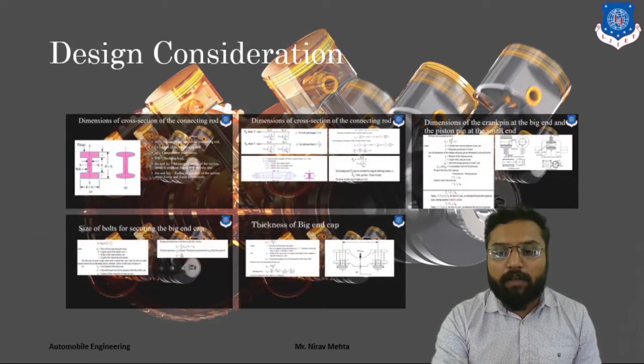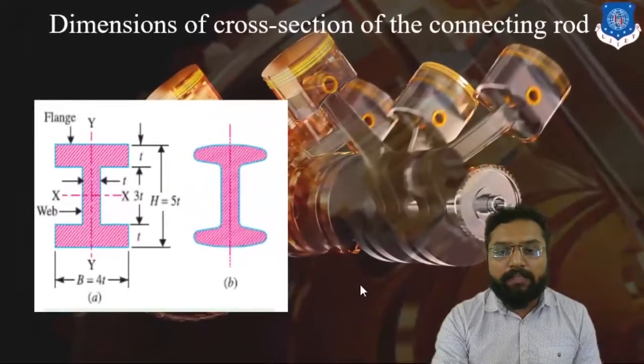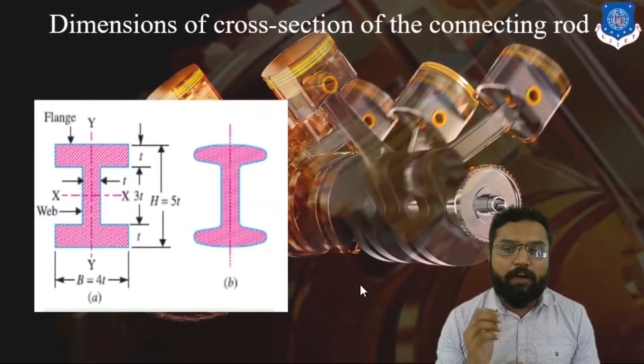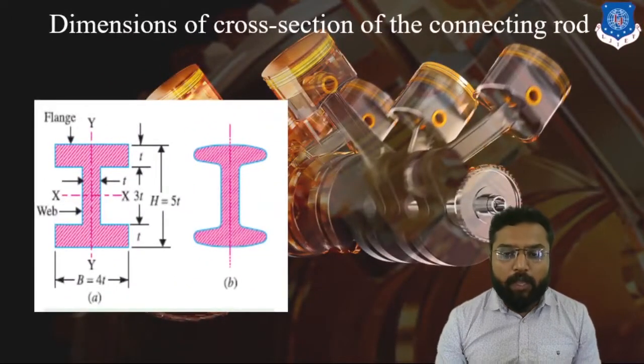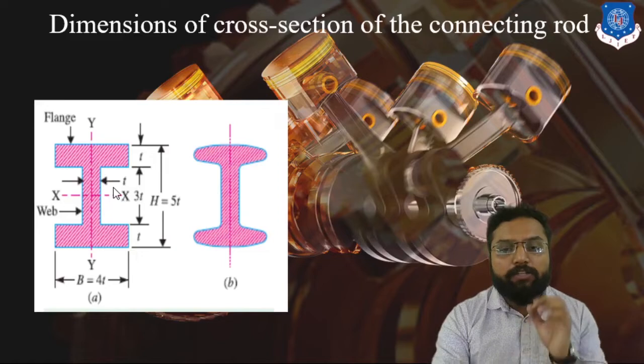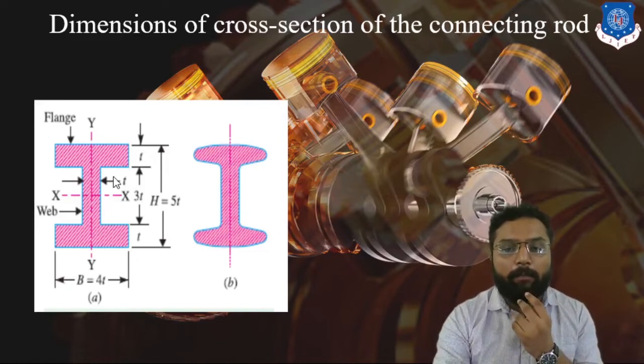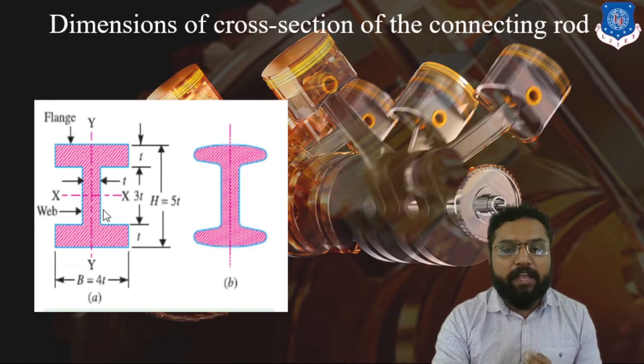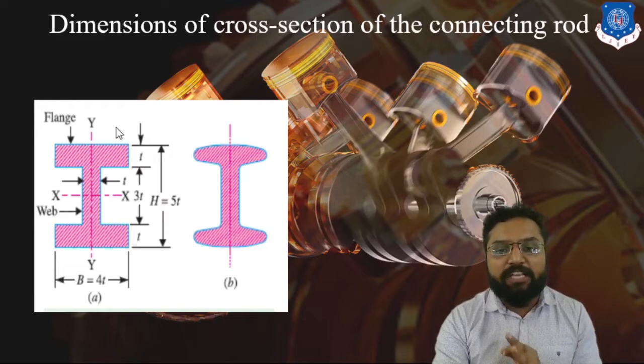First, our design is about the cross section area of the connecting rod. The cross section is mainly an I section. In this I section, the upper part and lower part are called flanges, and the center part connecting both flanges is called the web. The thickness of the flange and web is t.